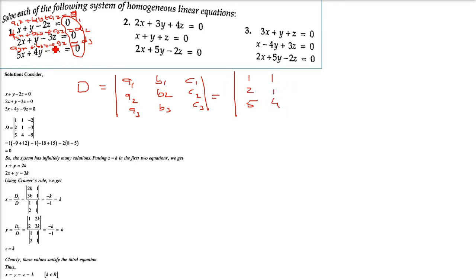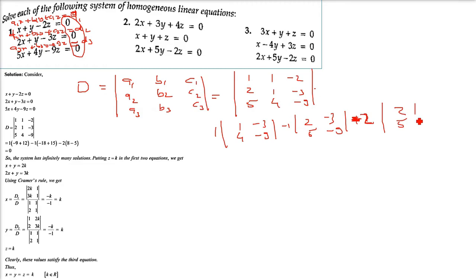For example, here I am putting the values of the coefficients. When we take the determinant, let me tell you the determinant is going to come as 0. Let me show you also. So I'm opening it using the first row. So 1 into minus 1, this is 2, 5, minus 3, minus 9. Then the next one, which is plus, it will be minus 2, so this will be 2, 5, 1, 4.